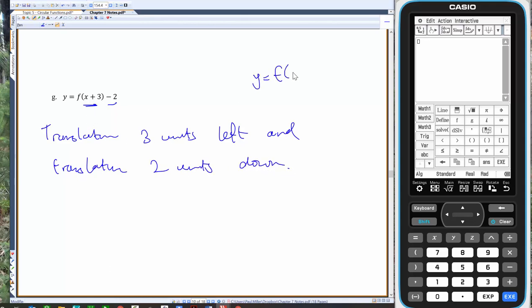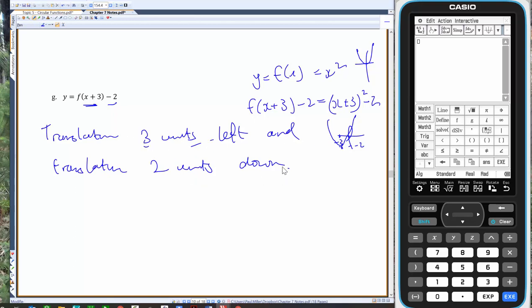Again, think about y equals f of x equals x squared, and we're going to do f of x plus 3 take 2, which would be x plus 3 all squared take 2. And think about our two functions. There's our original. This one here, 3 to the left, 2 down. So notice that our original function has been shifted 3 units to the left and 2 units down.